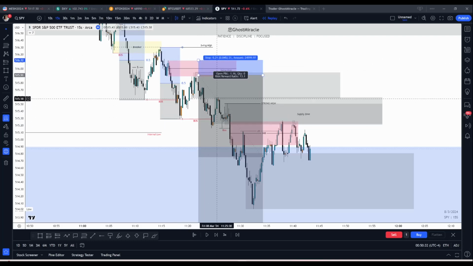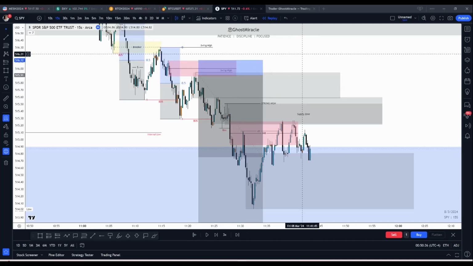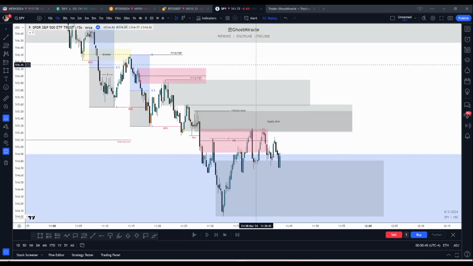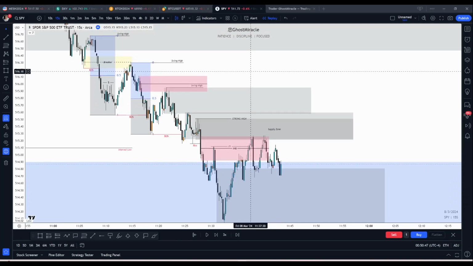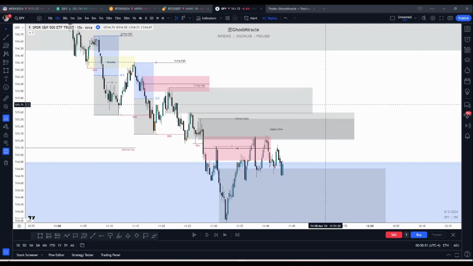I'll get break even, so I got a little change, and then price will break this low, and then just come back up and destroy my stop loss, and take me out. So that's why, if my bias isn't holding after a couple entries, I'm like, all right, I'm done.